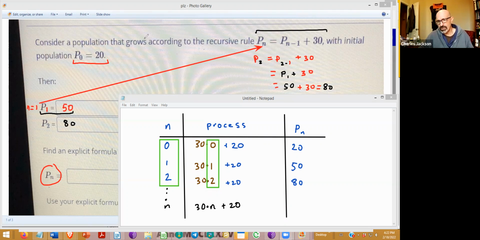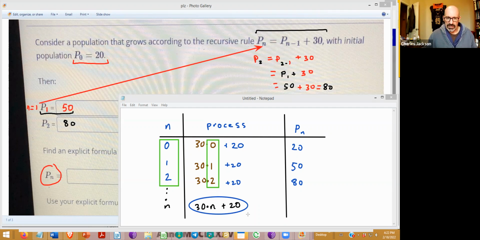And when you come up with what you think is a correct explicit formula, because we derived something, you should always check it and verify that that is the answer. Does it work for all the things that we have figured out from the given information and from doing a little math? Well, yeah, you put 0 into that expression and you have 20. You put 1 in there, you have 50. Put 2 in there, you have 80. So it works.